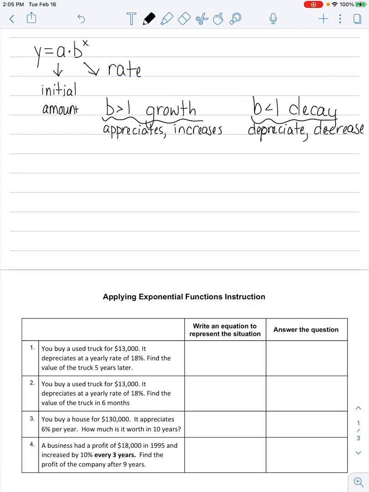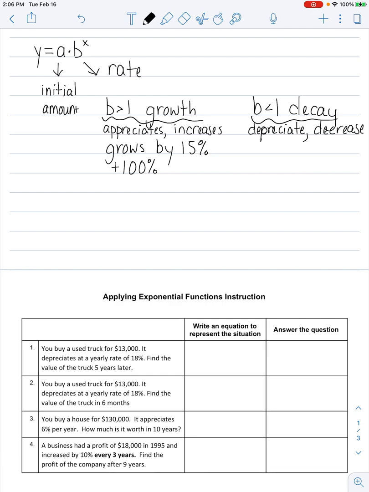Next, let's look at how we're going to represent this. You've seen it as a whole number or as a fraction, but a lot of times in real situations, you'll see growth and decay as percents, okay? So first, let's talk about growth. If something grows by 15%, you're going to add that to 100%.